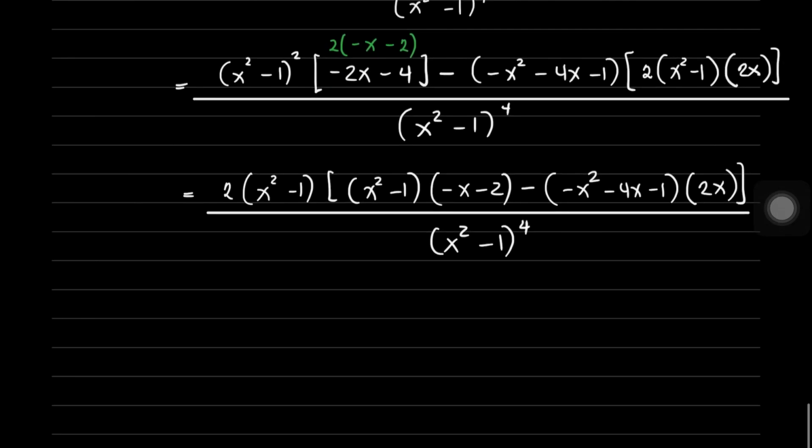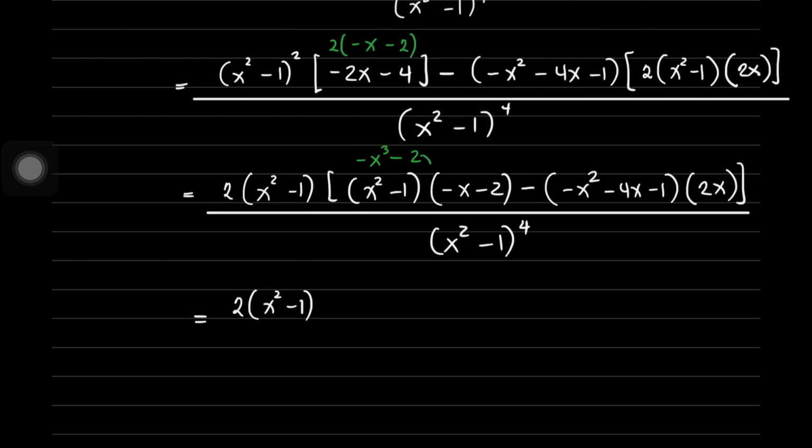So simplifying further, we have 2 multiplied by x squared minus 1. If we multiply these two products, we have negative x raised to the 3rd power minus 2x squared plus x plus 2. And if we distribute 2x in this group, we have negative 2x cubed minus 8x squared minus 2x.